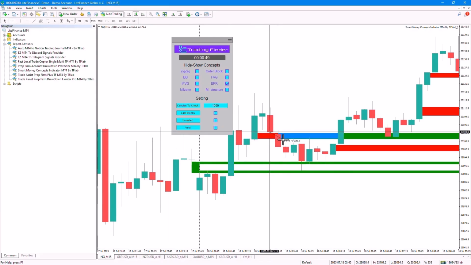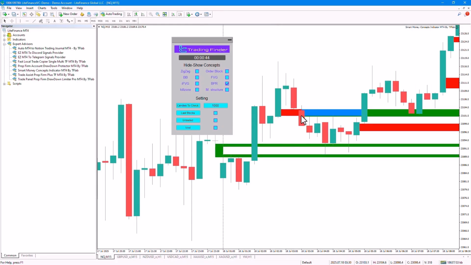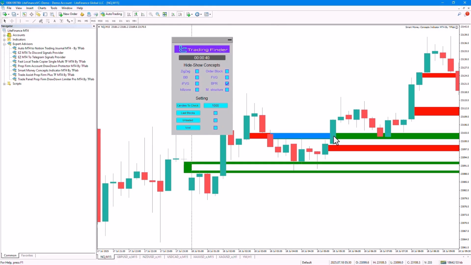In this section, a bearish FVG zone was formed, and in this part, a bearish BPR was created. But when the price returns upward again, another bullish FVG forms in this same zone, which is considered as three BPR zones. This area is a strong zone for price reaction, and we can use this zone.